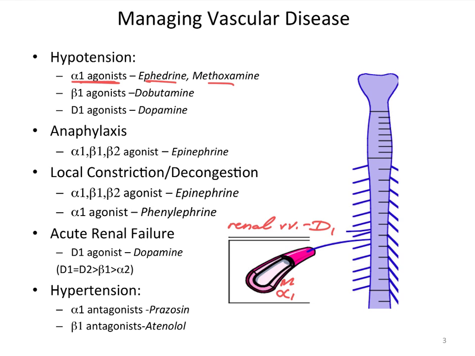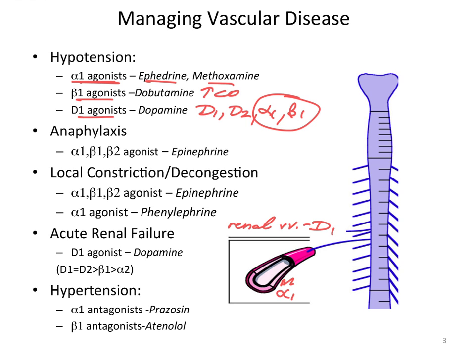You can also increase the cardiac output by using dobutamine, a beta-1 agonist. Dopamine, being a neurotransmitter as I mentioned before, affects not only dopamine 1 and 2 receptors, but also alpha-1 and beta-1 receptors. By stimulating particularly the alpha-1 and beta-1, we can increase cardiac output and also increase peripheral vascular resistance.